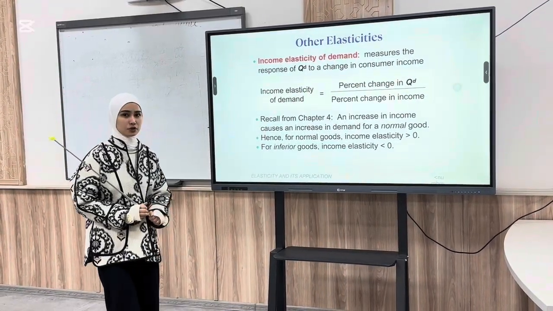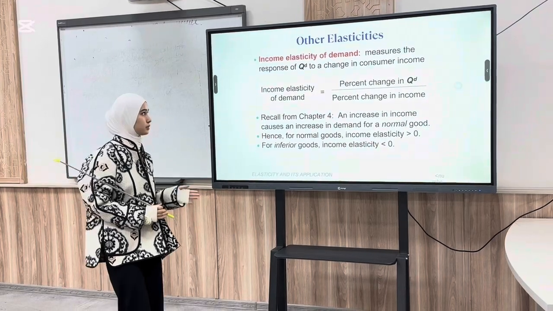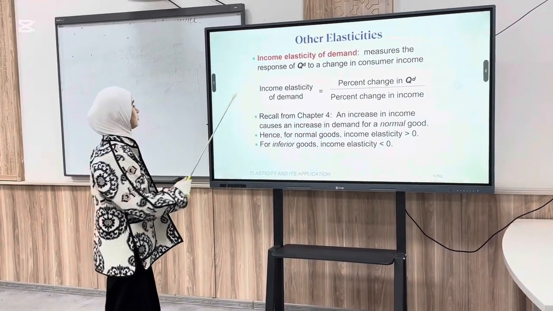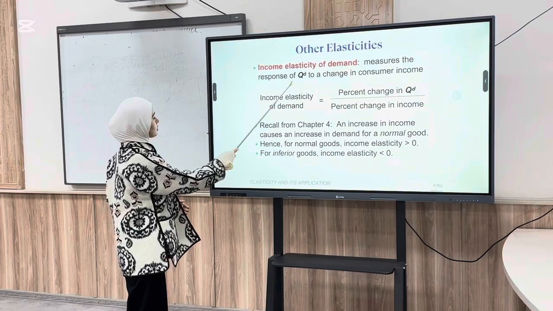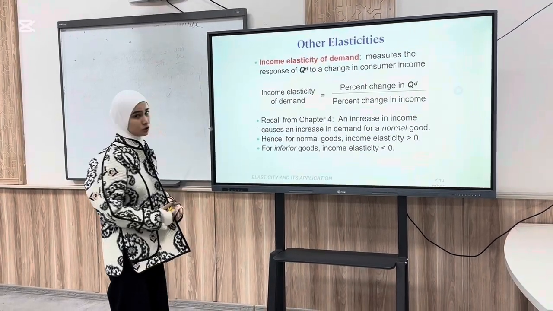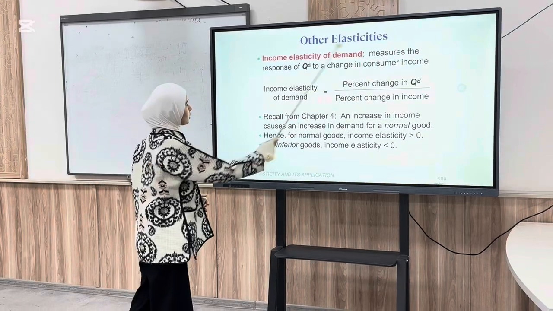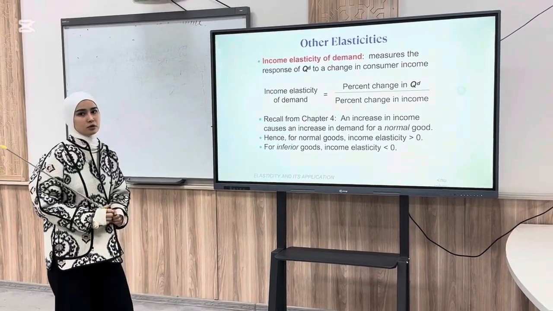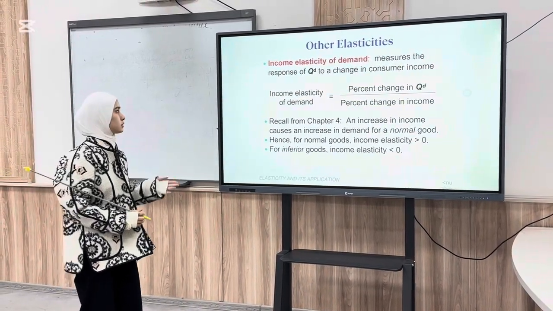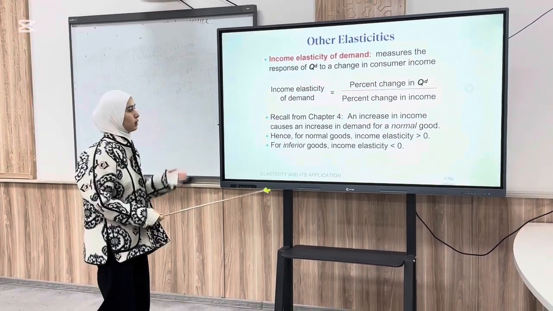And if you consider other elasticities, the first one is income elasticity of demand. It measures the response of QD to a change in consumer income. And what is the formula of this income elasticity of demand?